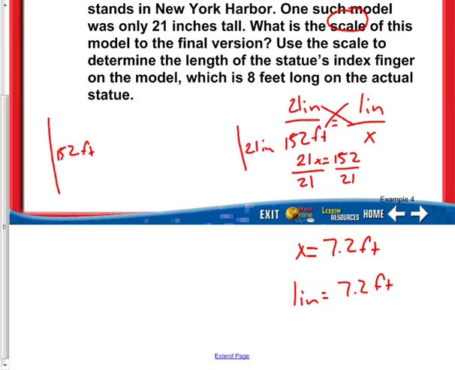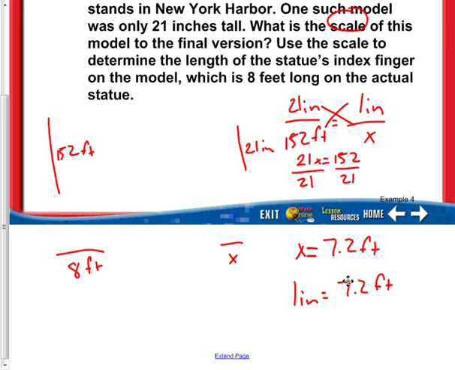So I'm just going to kind of do another drawing here. We have the finger is 8 feet on the actual, and I want to know how large it is on the original, or on the model of it.